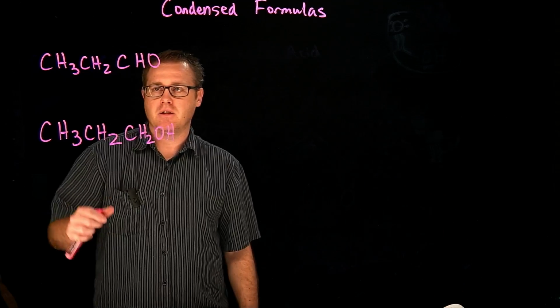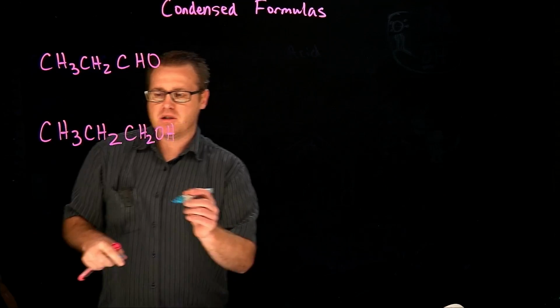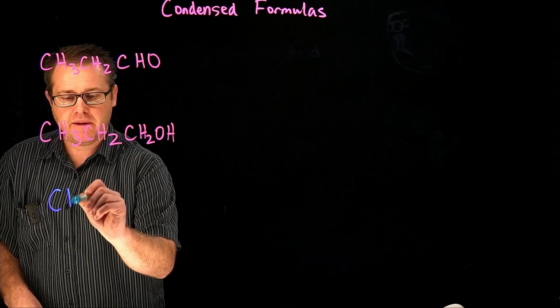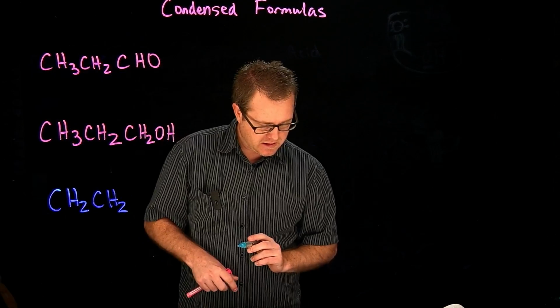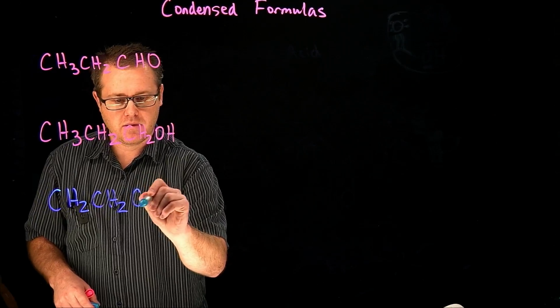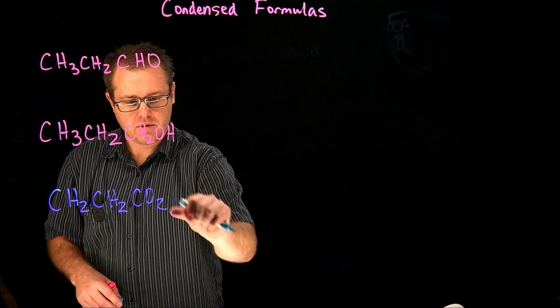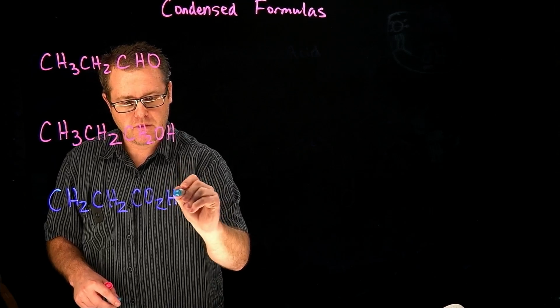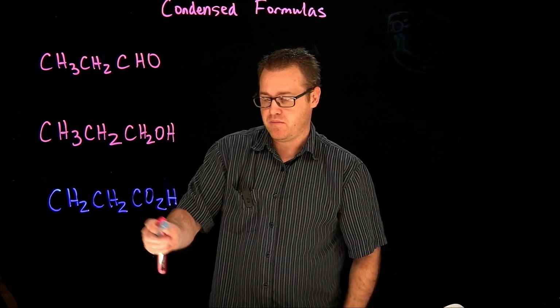I now want to take a look at these two different condensed formulas, but also bring back the previous problem that we just did. It was this one right there that we did just a second ago.